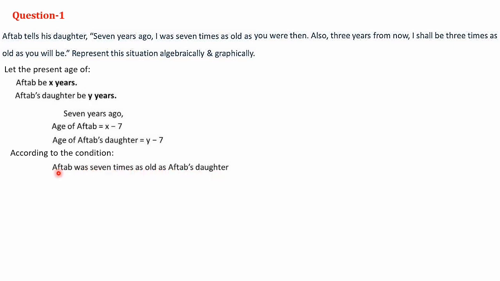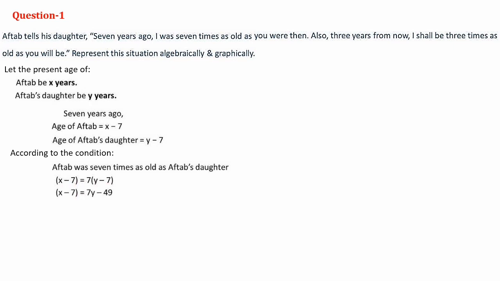So 7 years ago Aftab's age is x minus 7, so x minus 7 is equal to 7 times his daughter's age, means 7 into y minus 7. So let's write the equation: x minus 7 is equal to 7 into y minus 7.